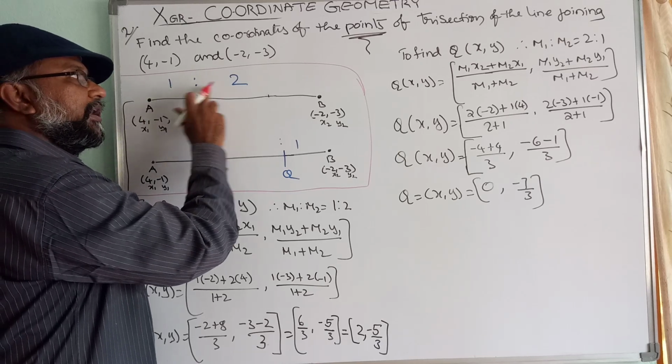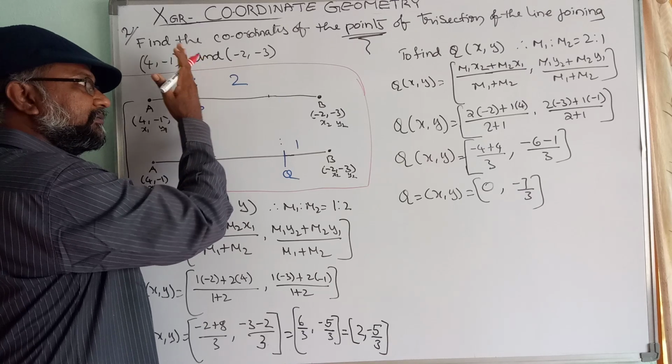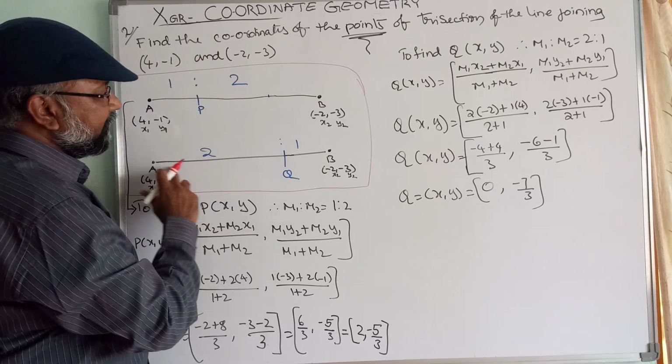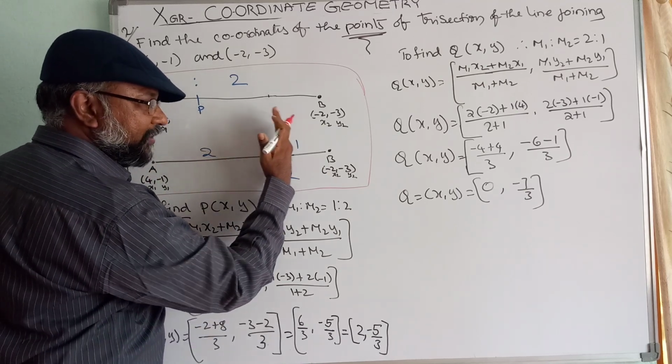First time I am going to take 1:2, so that I can get a point here, the cut will be here. And another time, here it will be the 2 parts and there will be a cut here.